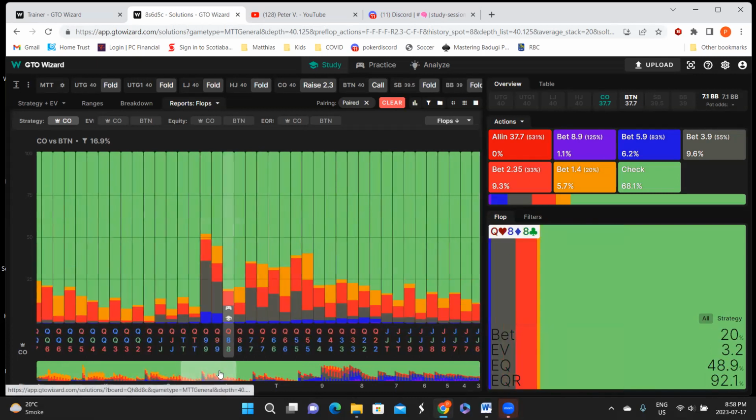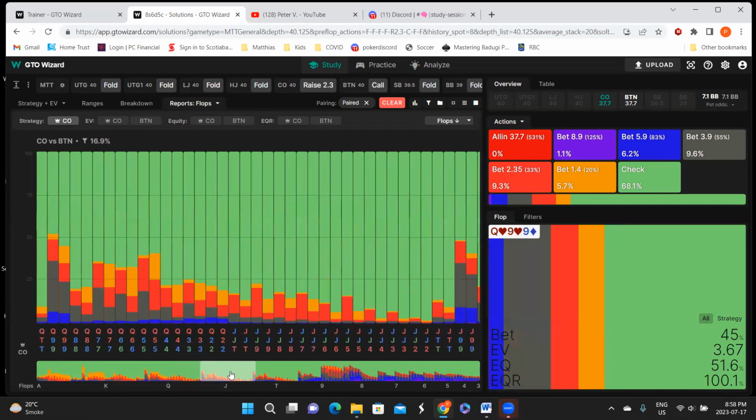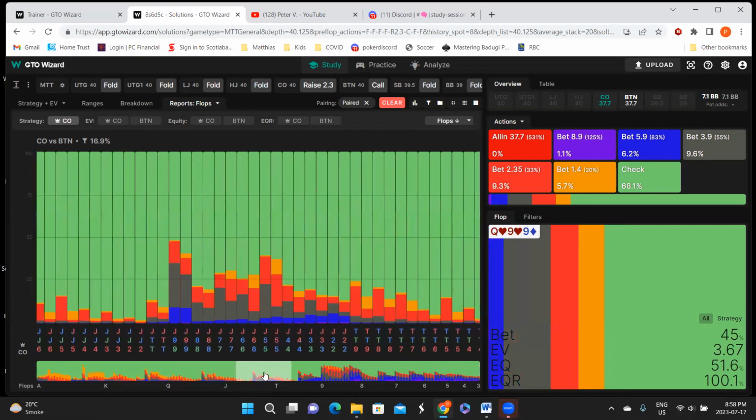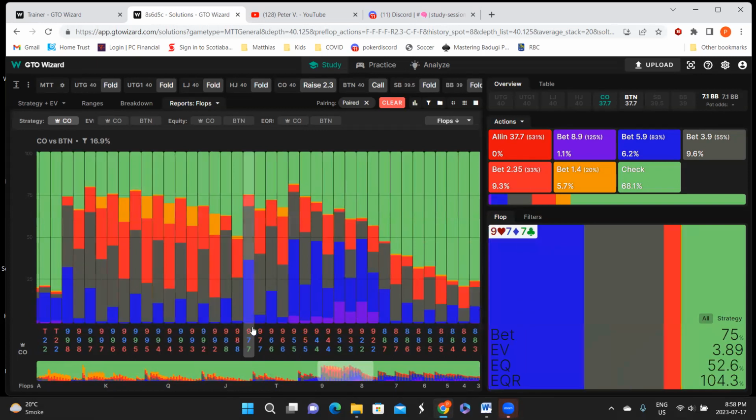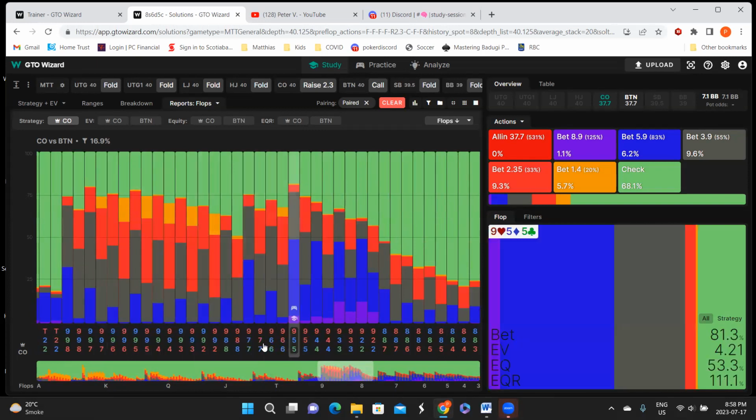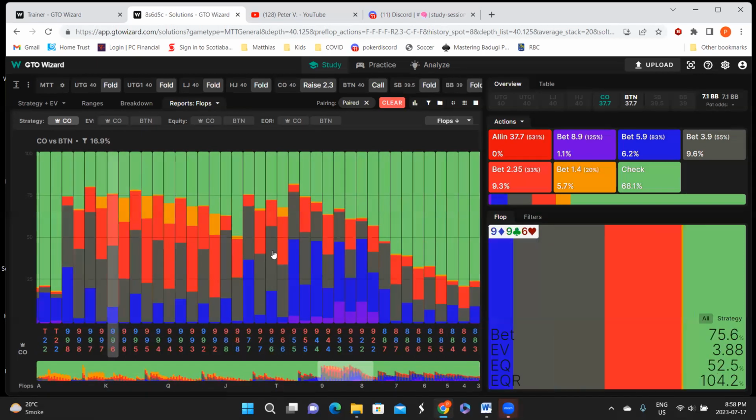When you have the 9s in there, it brings up that bet frequency. And a lot of checking. The 9 paired boards, these paired cards with a 9, are still pretty resilient here. They're still betting a lot and betting big.